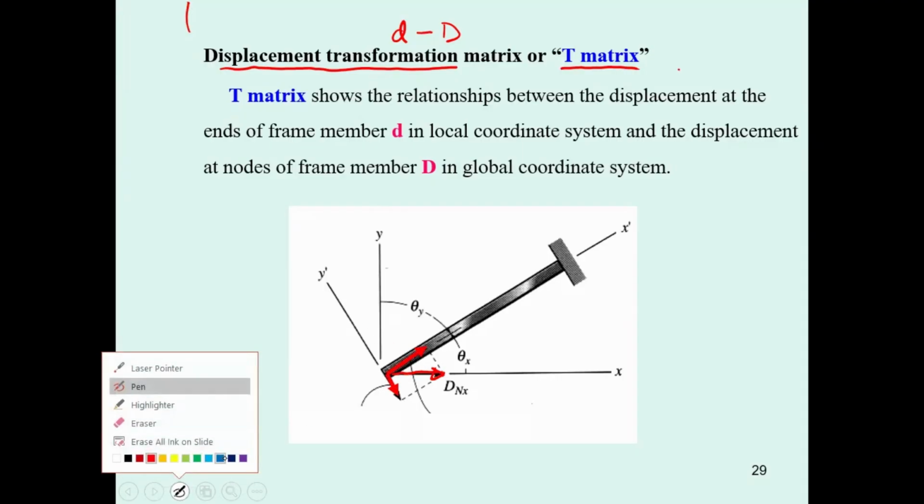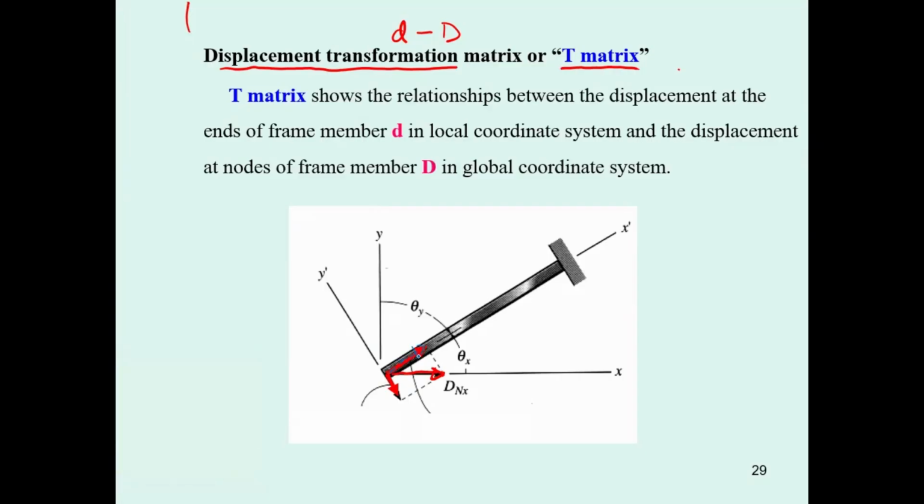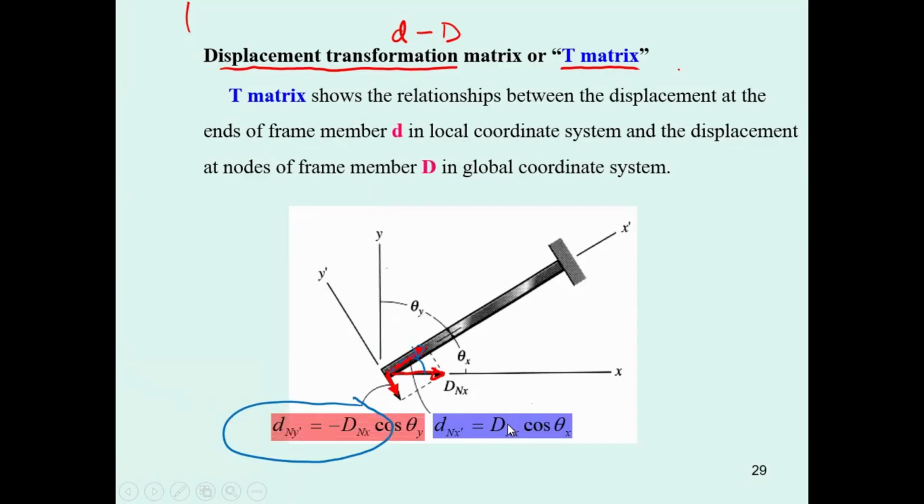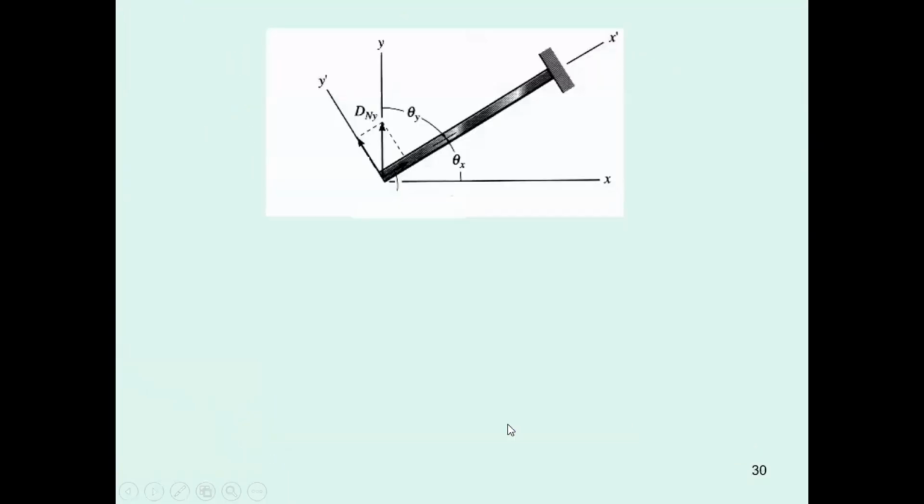The component over here is going to be D sub nx, and this angle cosine zeta sub x. And then since you have this for cosine zeta sub x, this one will be capital D nx cosine zeta sub y. Do the same for this capital D sub ny, project it to determine the relationship to the small d.